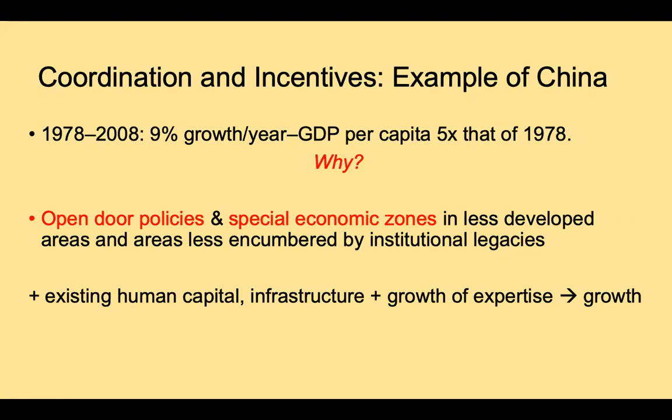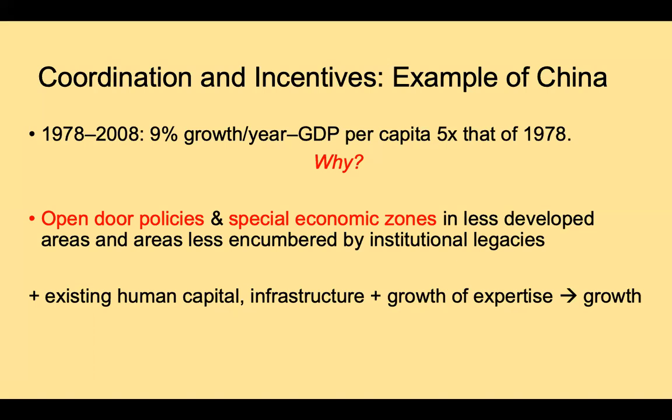But it wasn't just that. It was also the case that Chinese officials and decision makers sought to concentrate these special economic zones in places where there were existing human capital resources and infrastructure, and where they could develop further and incentivize the further development of that human capital and further growth of expertise.